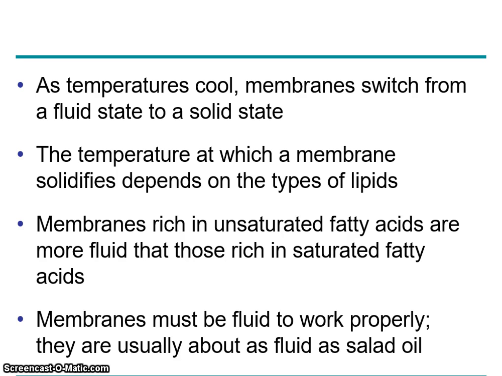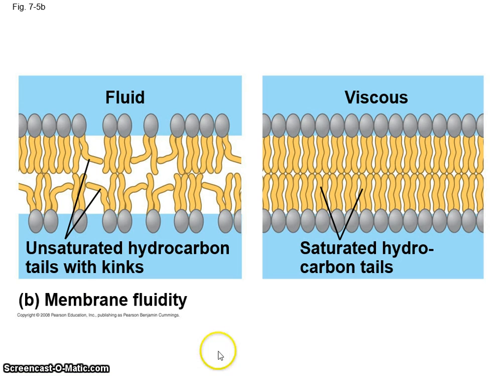Some membranes have more unsaturated fatty acids than saturated fatty acids. The ones that are unsaturated are more fluid, right? Those are the ones that are bent, and the ones that are saturated are straight. The straight ones, the phospholipids are able to pack tightly, and the bent ones are not able to pack as tightly as we would see with the straight ones.